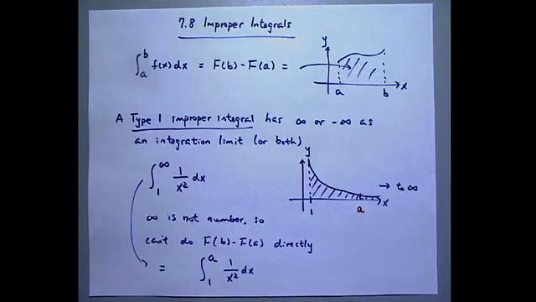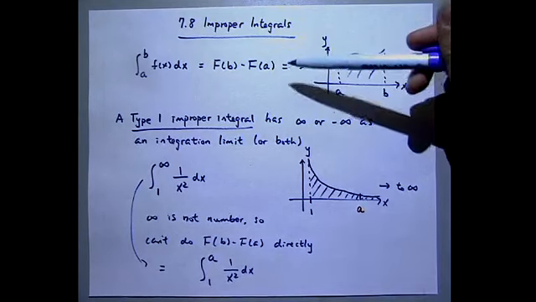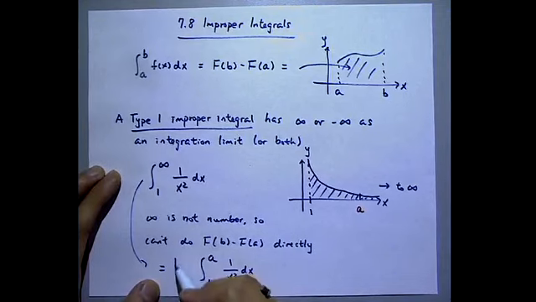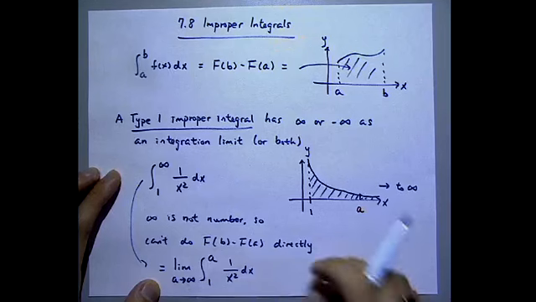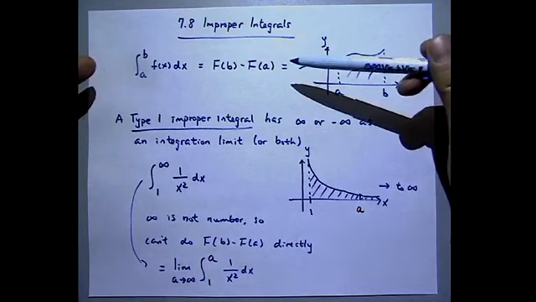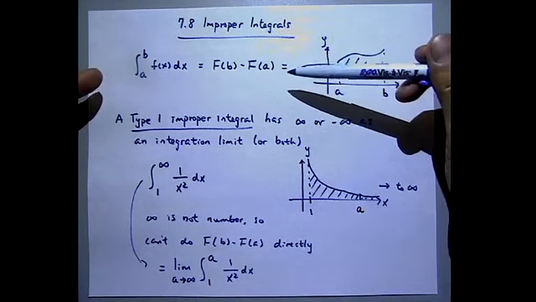We can deal with that number by using the fundamental theorem of calculus. But we've got to remember that A is not the end, it's not a goal. So what we're going to do next is then take the limit and let A go to infinity. So this is how we sidestep the problem that infinity is not a number, and therefore we're not allowed to integrate with an infinity directly.